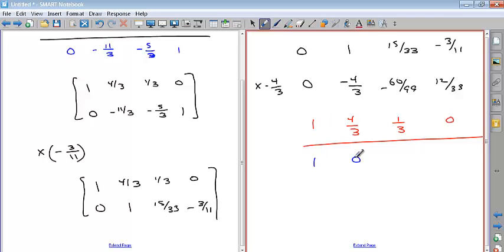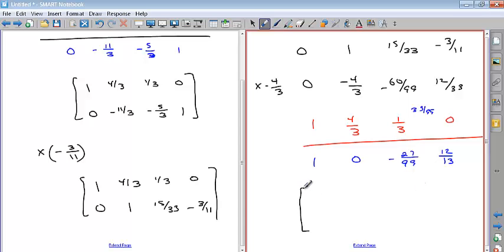This goes to 0. Here I have -60/99. This is equivalent to 33/99. So -60 plus 33 is going to be -27. So I get -27/99. Here I just get 12/33.